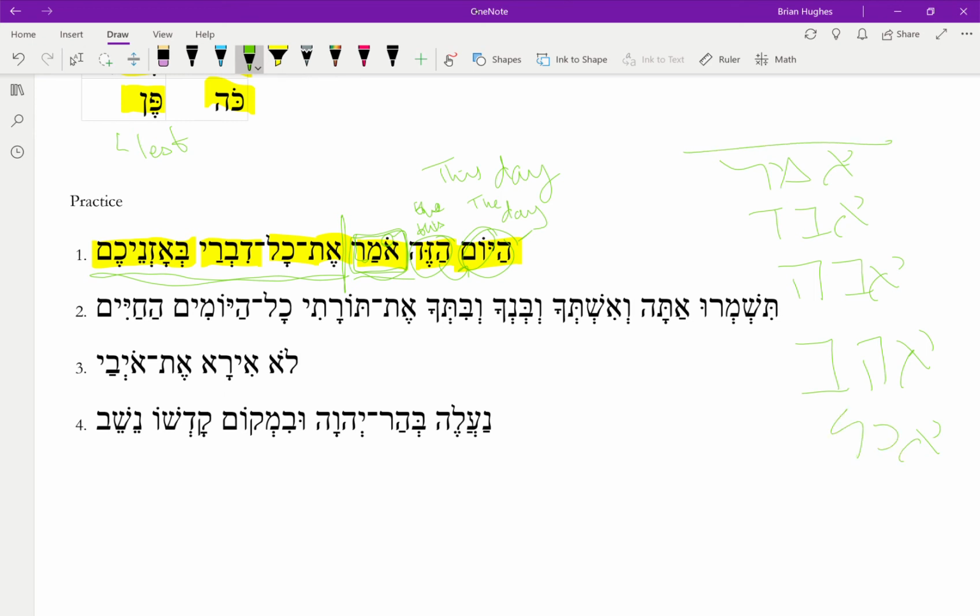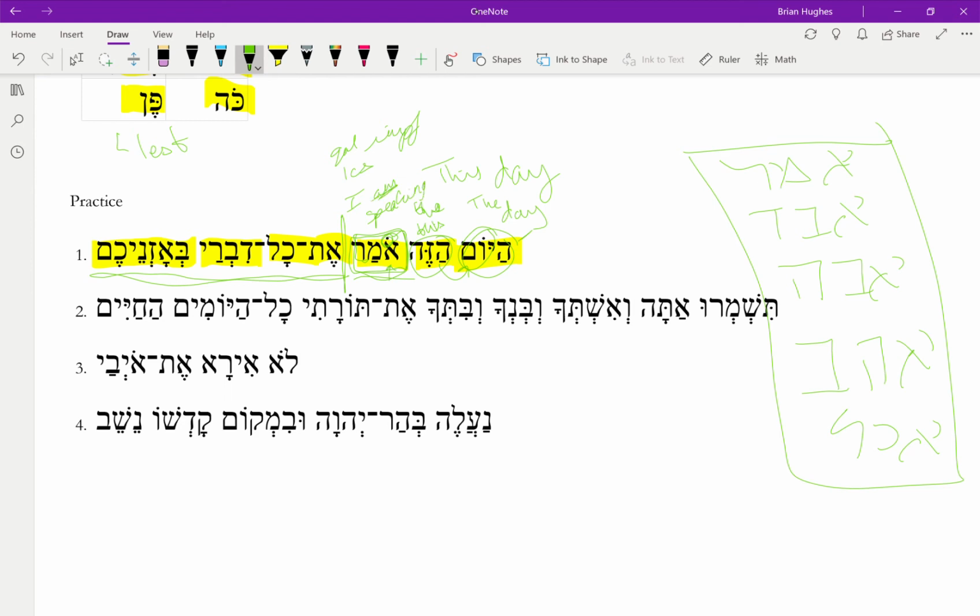So these five roots do something different in the imperfect, in that the aleph quiesces and often takes the holem of the prefix, which is a different holem for the imperfect, over the aleph. So this is actually the aleph of the prefix, which is a first common singular qal imperfect. So this would be I am speaking.